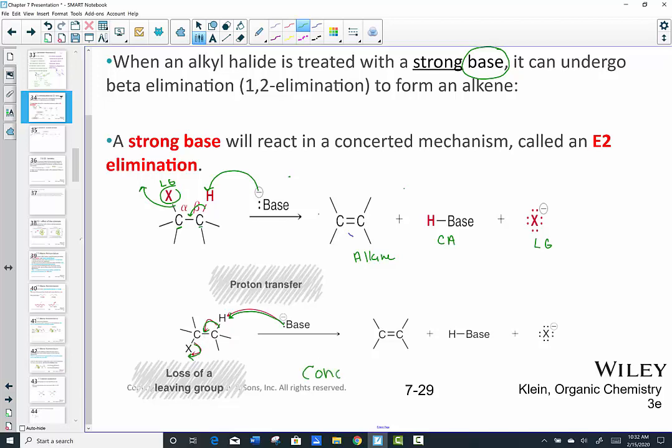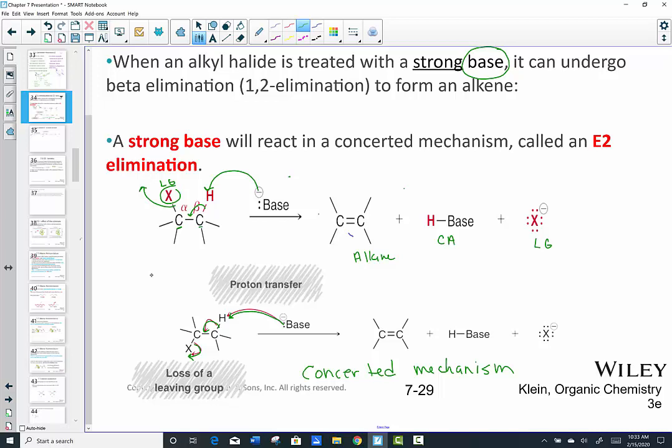This is a concerted mechanism, meaning this all happens in one step. There is a transition state where bonds are breaking and new bonds are forming, but it is a one-step, bimolecular mechanism.